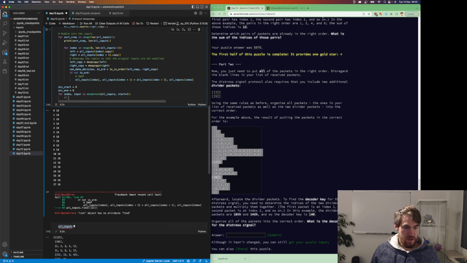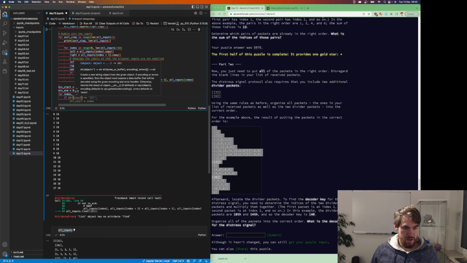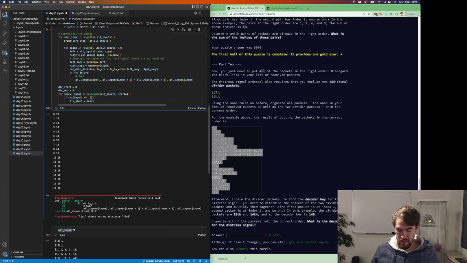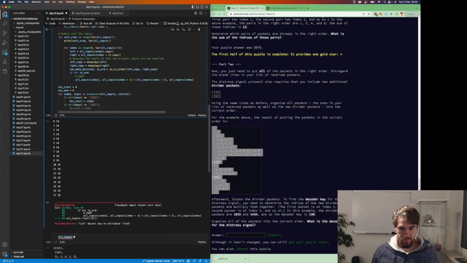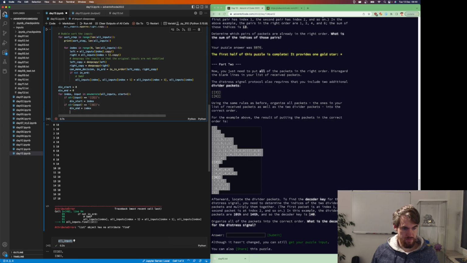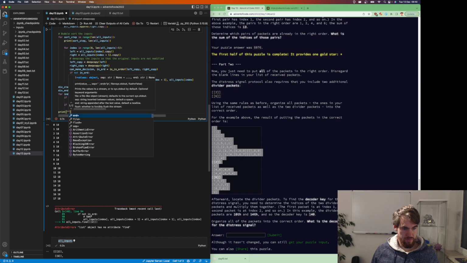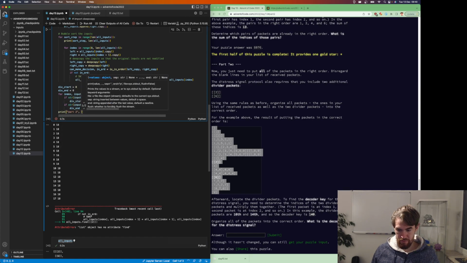If string input is equal to 2. We have to multiply them together, right?